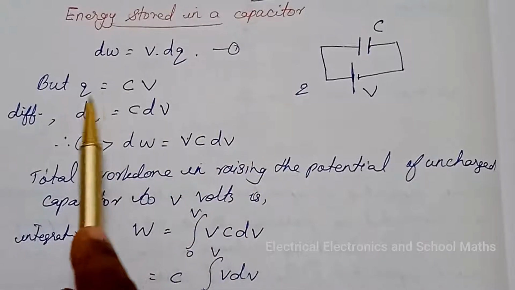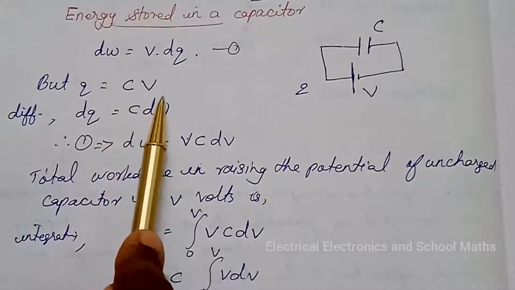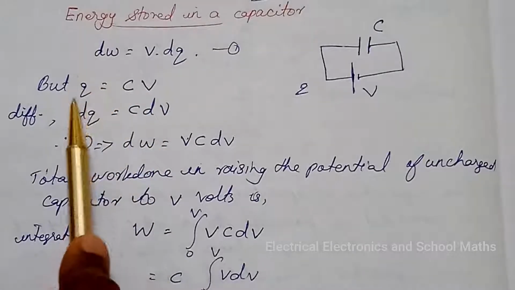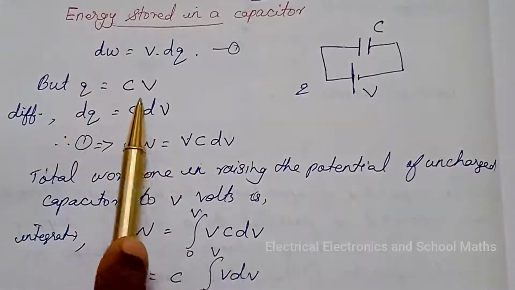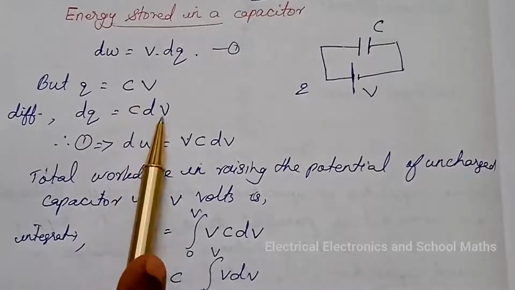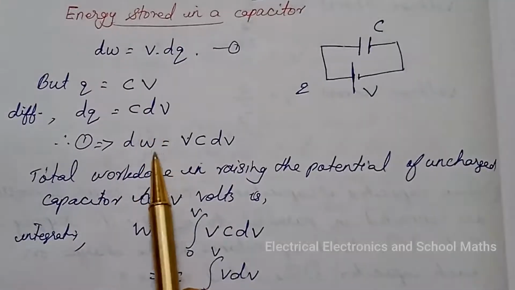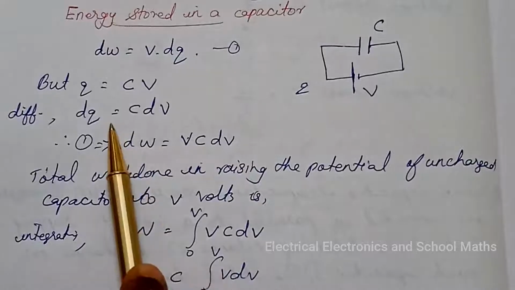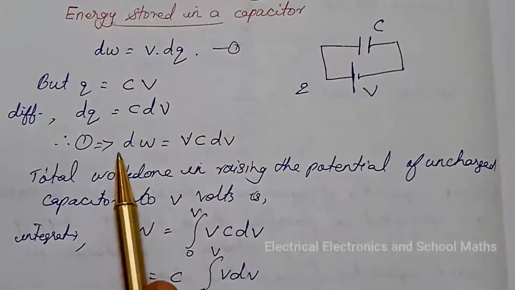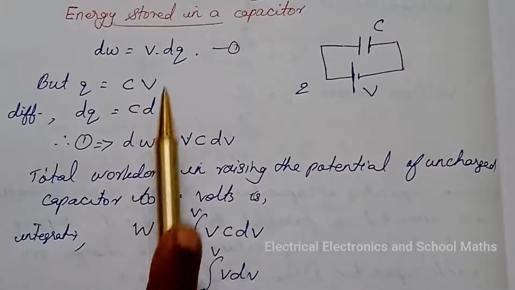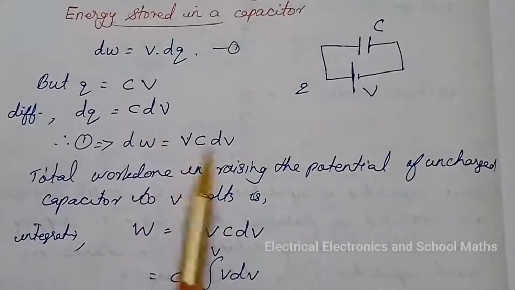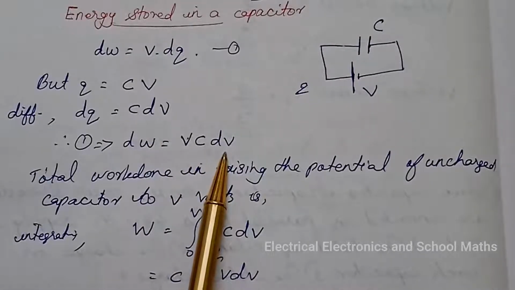But we know Q is equal to C into V. Differentiate this one, that is dq is equal to C into dV. Put the value of dq in the first equation, we get dw is equal to V into C into dV.